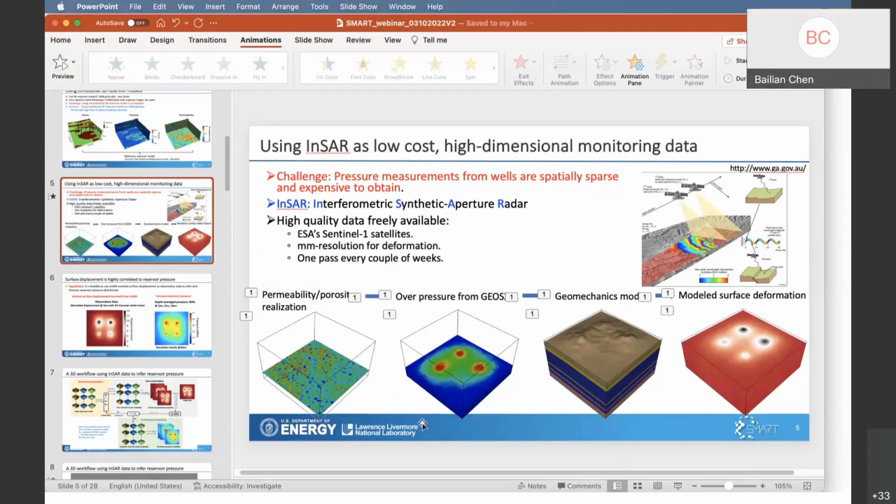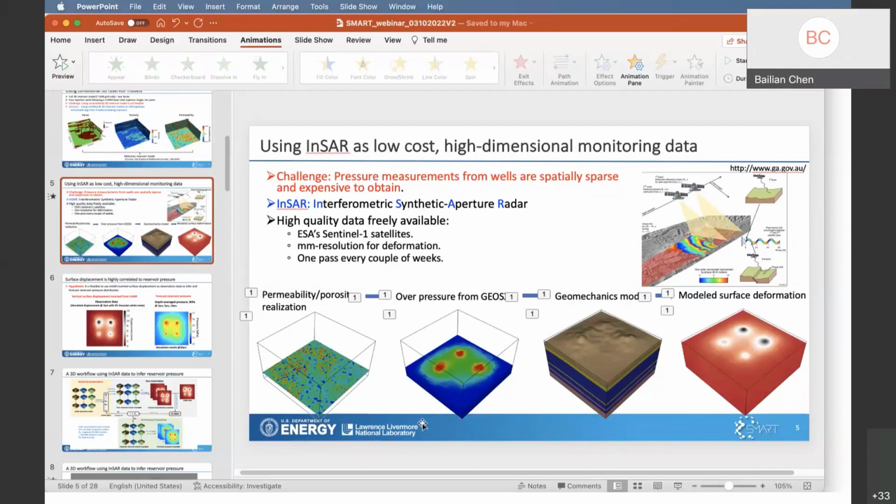So you originally start from the overpressure, the build-up pressure from the reservoir, then convert that to the InSAR surface displacement, and then use that as observational data. Yes.